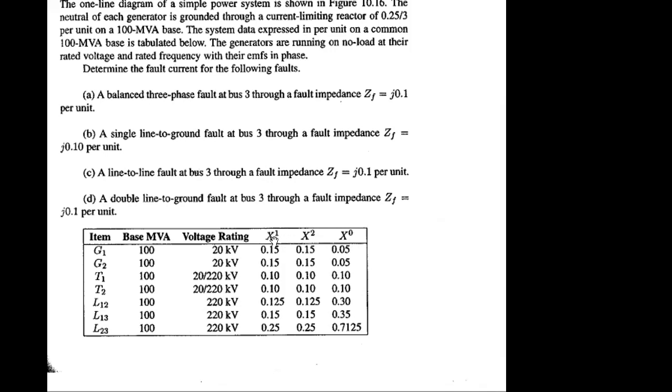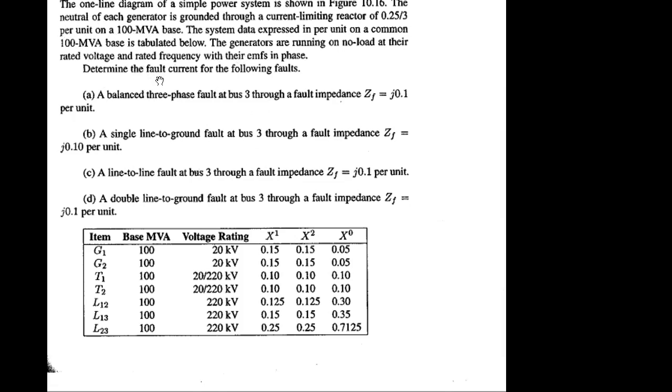Only the positive and negative sequence reactances are the same, but the zero sequence values are different. Now, the single line information is given, and the generator is grounded through a current limiting reactor, which has the value 0.25/3 per unit on a base of 100 MVA. The information is given in the table.